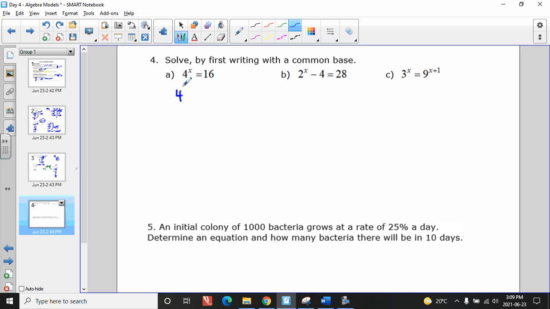What I'm going to be doing here is rewriting the number on the right side as a power of 4. So this is maybe going to be helpful with a power chart. I shared one of those with you before. If you haven't got them memorized, 4 squared is 16.